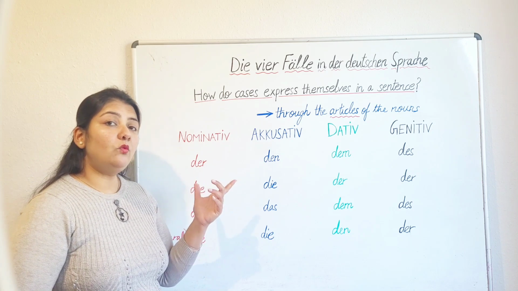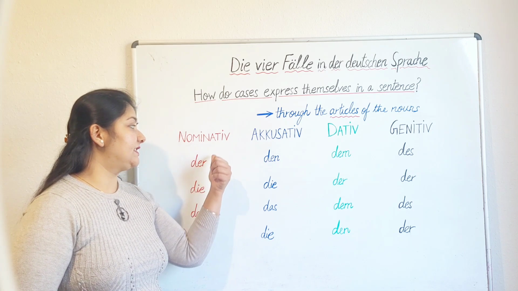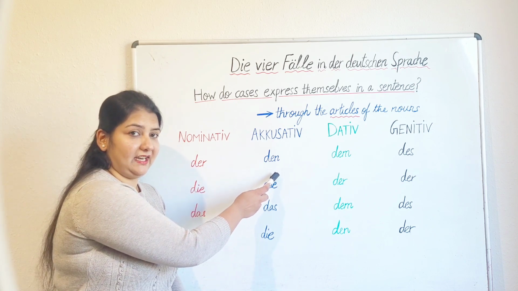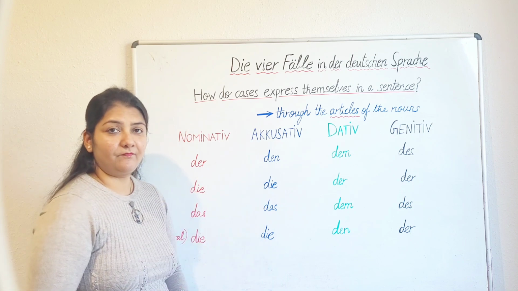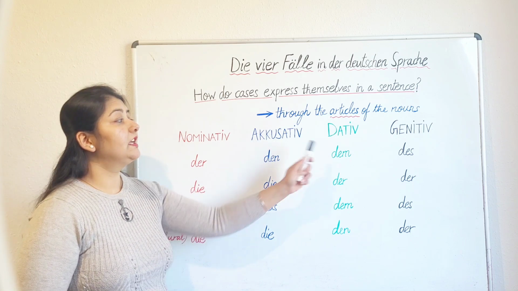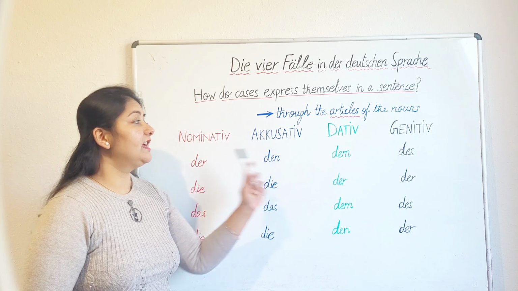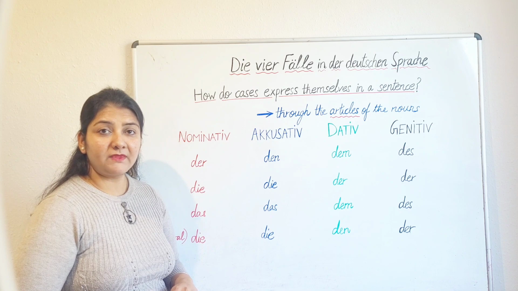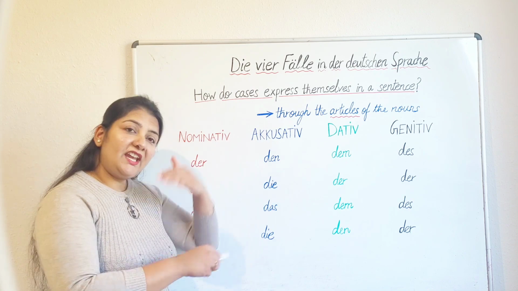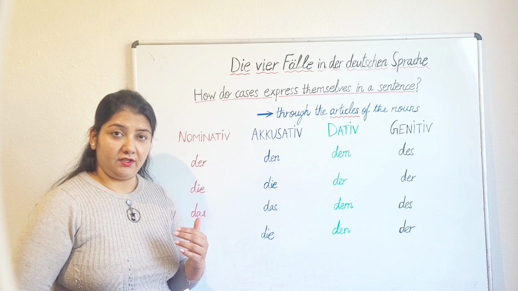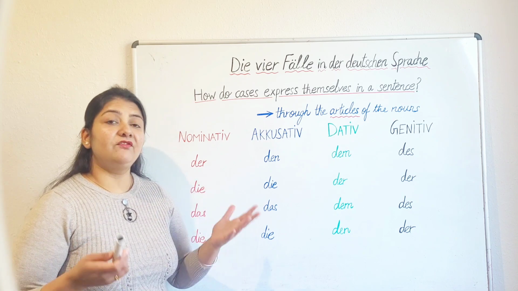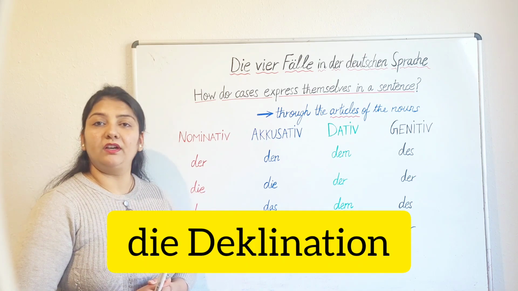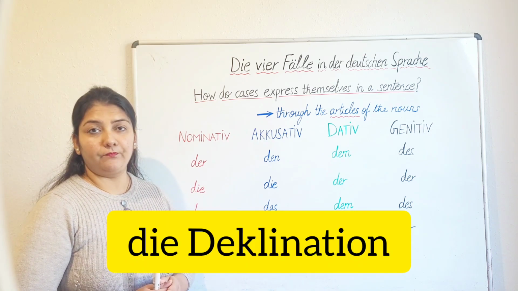For example, the noun with the article der in its basic form or the nominative form changes to den in Akkusativ, dem in Dativ, and it becomes des in Genitiv, right? So this change of the article of the noun, depending upon its case in which it's coming in the sentence, is called the declination.